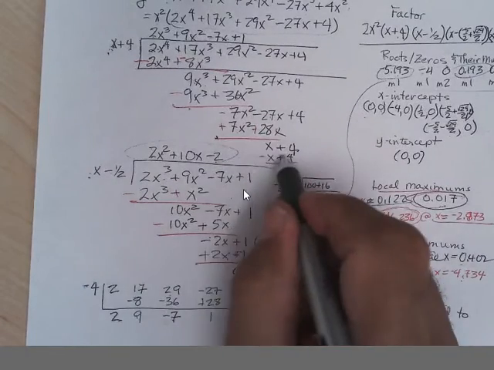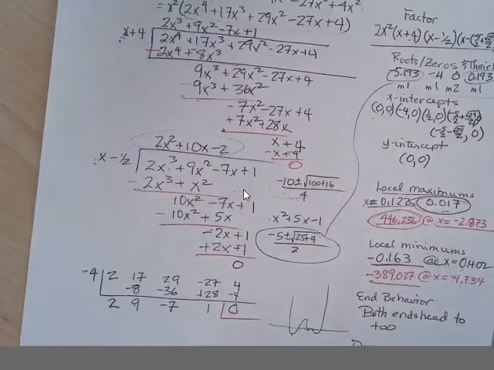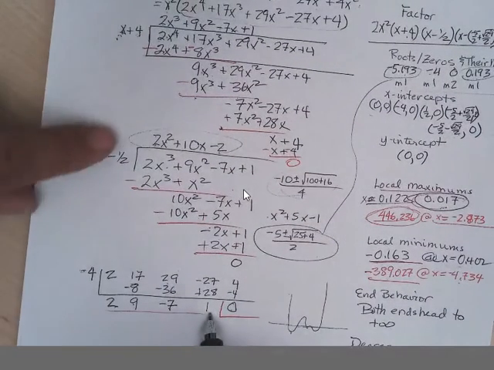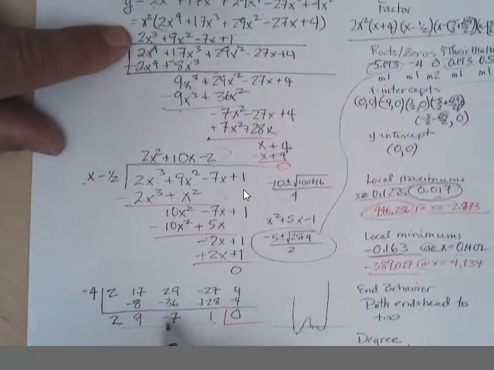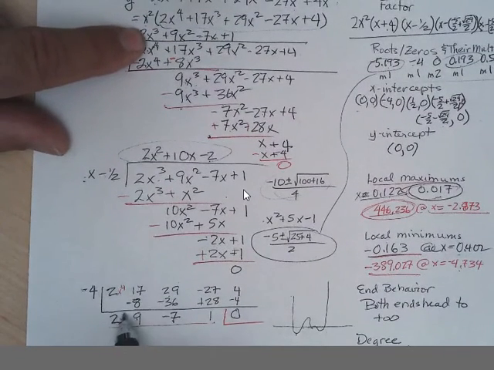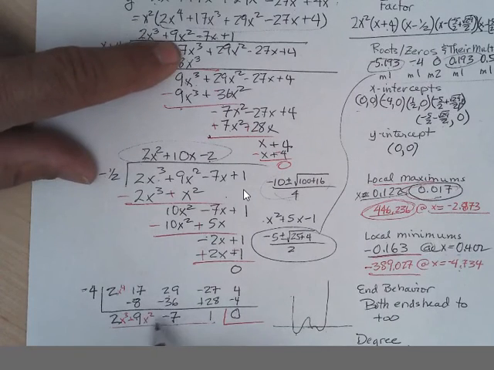Draw the line, change the signs, and we get 0. So there's our remainder. And right here is the answer we got. Up here, this was x to the 4th, and it became 2x to the 3rd plus 9x squared minus 7x plus 1.